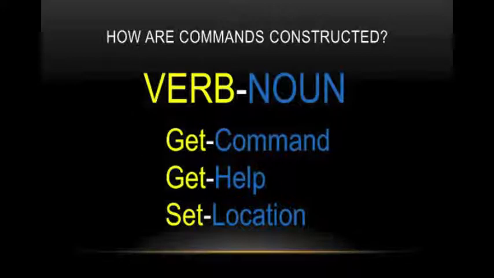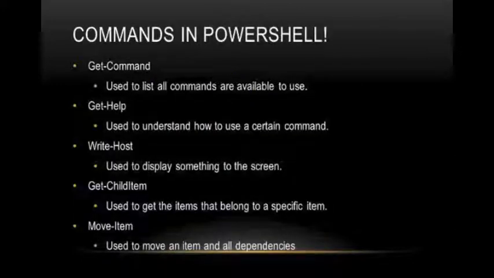Now let's understand 5 simple cmdlets in PowerShell version 5. The cmdlets that we're going to be looking at are Get-Command, Get-Help, Write-Host, Get-ChildItem, and Move-Item. We'll briefly go over and understand what they do, and then we'll see examples of them within the PowerShell ISE. Get-Command, as used before when we were talking about the ISE, lists all commands that are available to use within the PowerShell dialog.